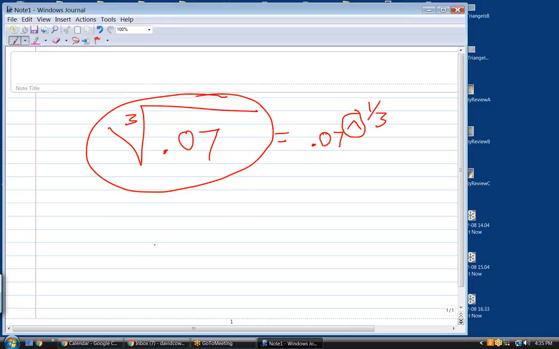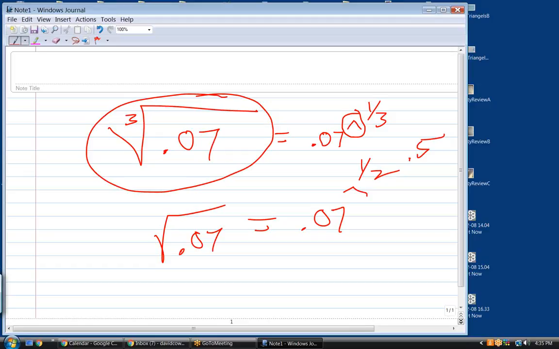Now, if I was taking the square root of 0.07, there's a couple of ways you can do square roots. You can raise it to the 1/2, you can raise it to the 0.5, or you have a special key above. You see where the x squared key is? Yeah. Right next to the arrow?